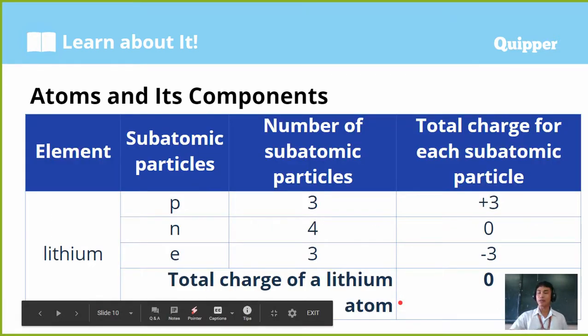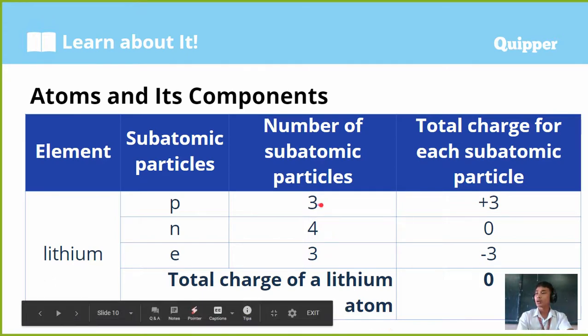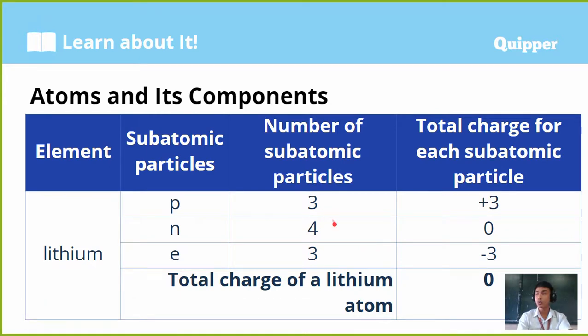For example, lithium. What is the atomic number of lithium? Hydrogen, helium, lithium, so we have 3. Here are the subatomic particles of lithium: P, N, and E, or proton, neutron, and electrons respectively. For proton we have 3, neutron we have 4, electron we have 3.